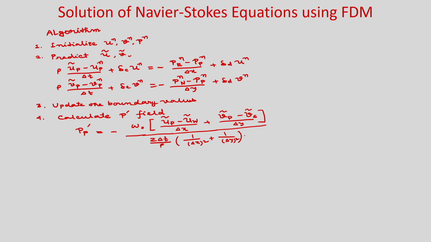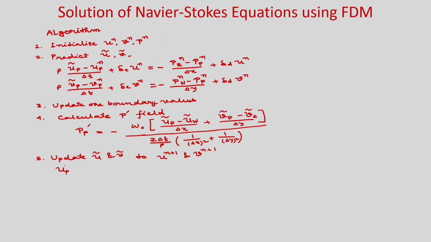Okay. So, now once you know the p_P prime, you can update the velocities. In the next step you update u tilde and v tilde to u^(n+1) and v^(n+1).